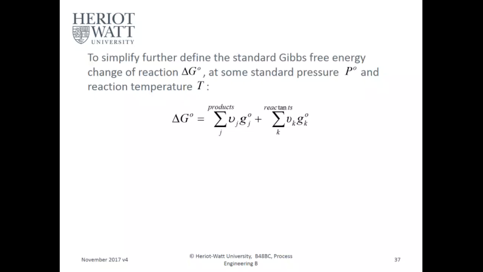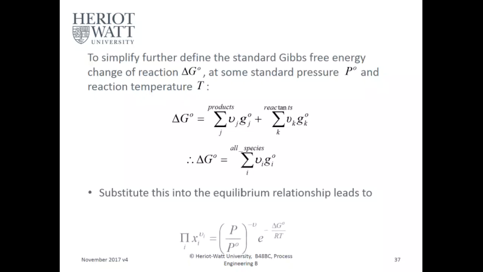So the VJ, GJ for the products, and the VK, GK for the reactants. K and J just refer to that specific species. It's just a mathematical term. So delta G0 equals the sum of all the species VI, GI.